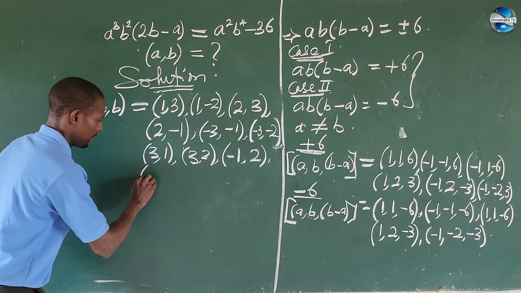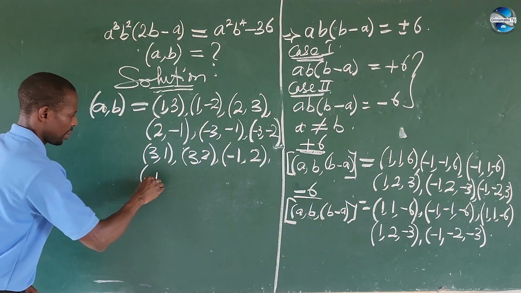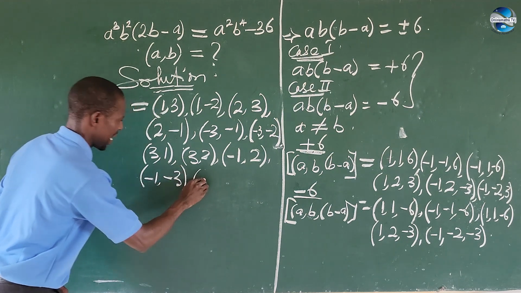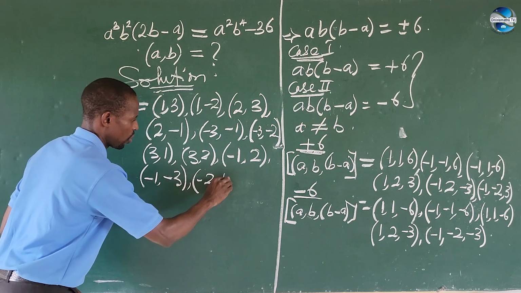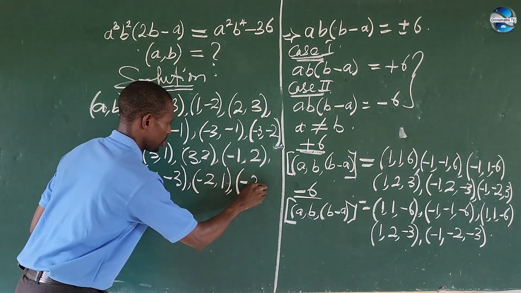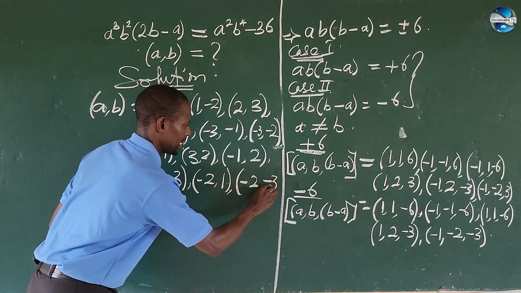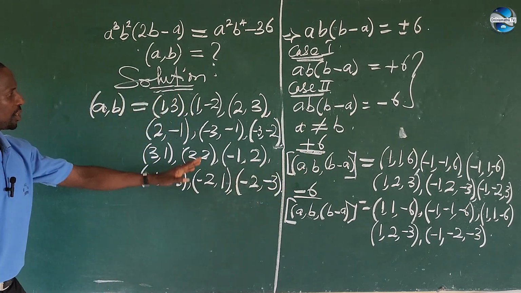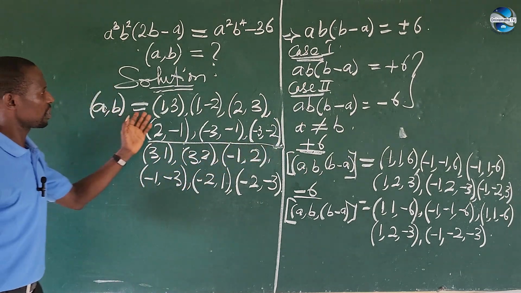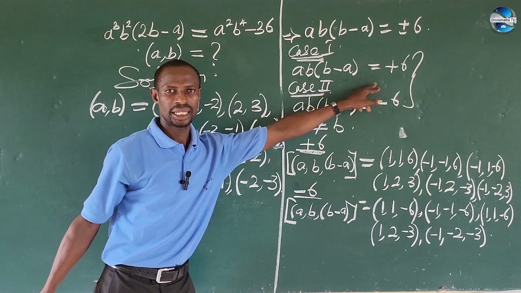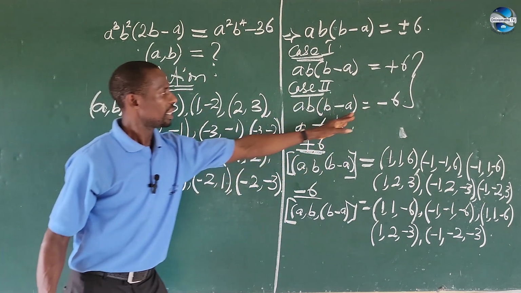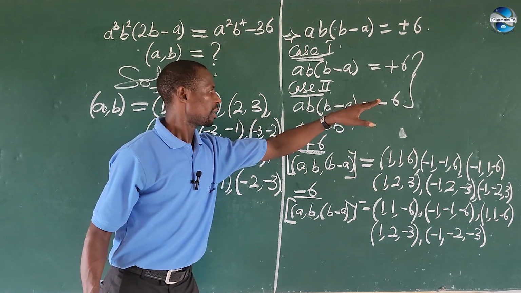There we equally have minus 1, minus 3, okay, comma, minus 2, 1, and lastly, we can equally have minus 2, minus 3. All right, so from here down, this will give us the positive for case 1, and these ones will give us the negative for case 2.